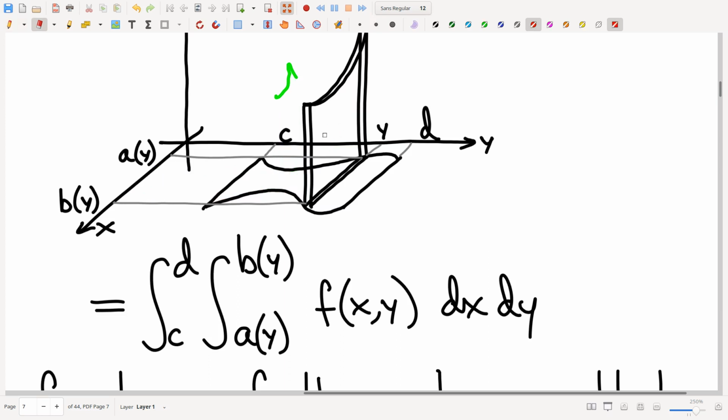Now, one thing you can also see from this picture is how the bounds will not be constant. So in particular, you can see that for a given value of y, it's this point right here that represents the x interval that we're going to be integrating over. This is the starting point for that x interval. That point is on this curve.